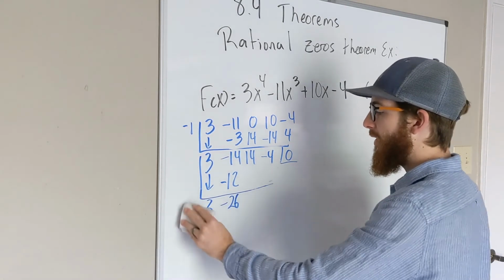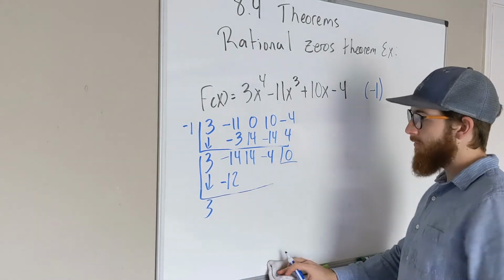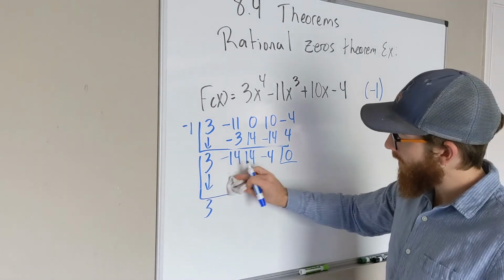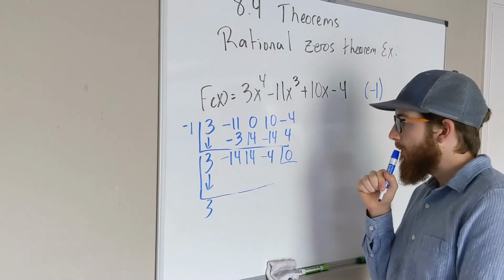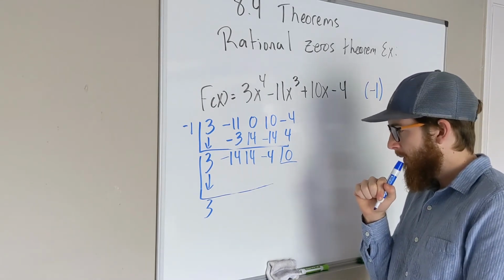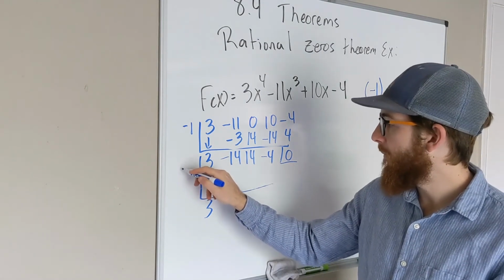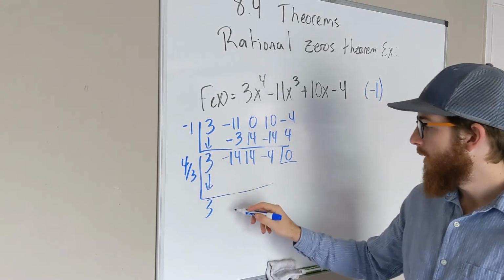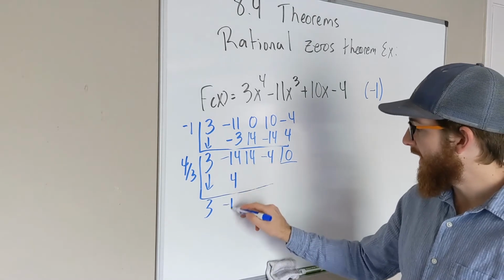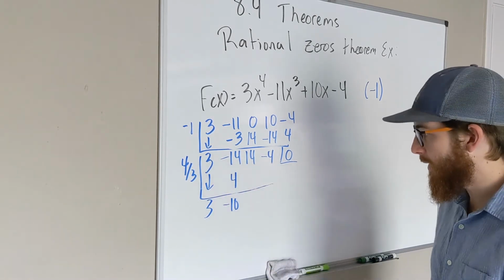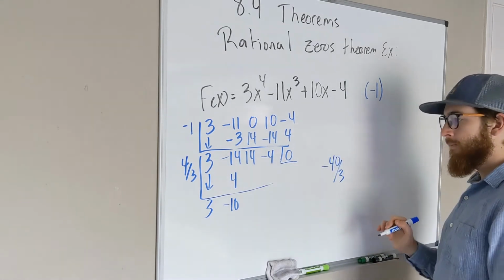So now that I've checked all of my whole numbers, I need to begin to work on some of the fractions. Let's see. Why don't we just start with a big one? 4/3. So 4/3 times 3 is 4. So that would be negative 10. Negative 10 times 4/3 would be negative 40 over 3.